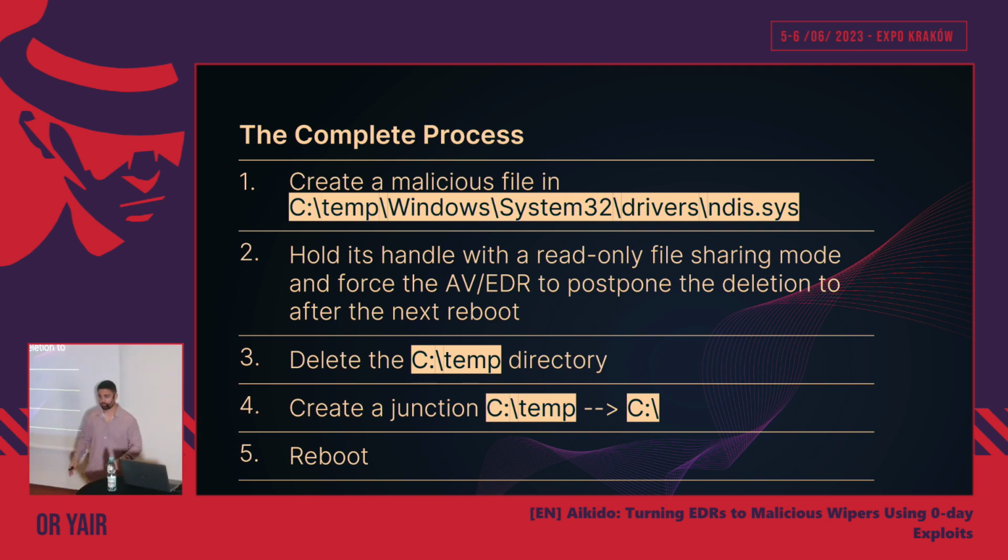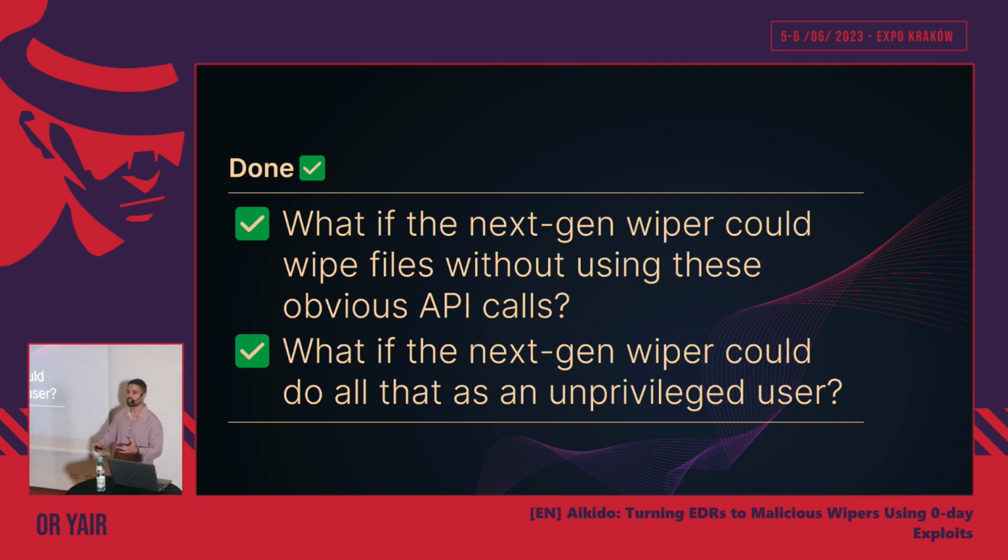Then convert the temp directory to be a junction point after I deleted everything from inside. Reboot the computer and the endthis.sys file, the original one, is gone. So by doing that, we've achieved the two what-ifs that we talked about in the beginning of the talk, and I promise that any other edge case will be answered in the rest of the talk.